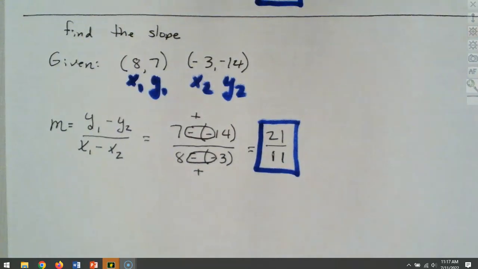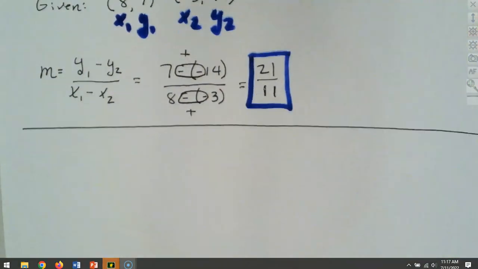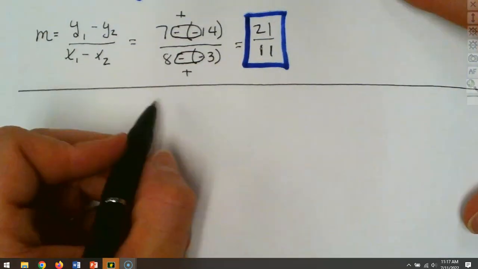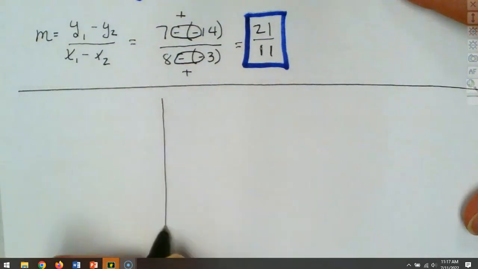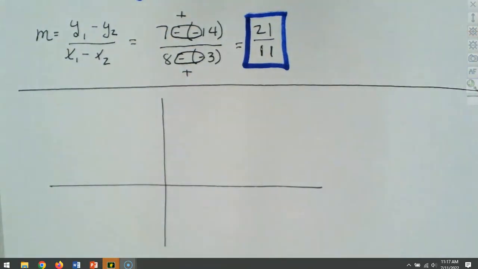Now let's look at a picture, and let's try to find the slope from this picture. I'll make it pretty easy here.